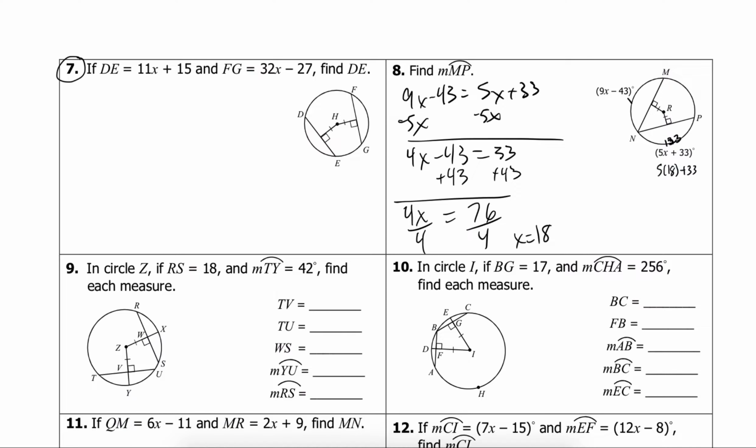So this one also has to be 123. Okay, so if I want to find arc MP, I'm going to take out from 360 these 123s. So 360 minus 123 minus 123, the measure of arc MP is 114.